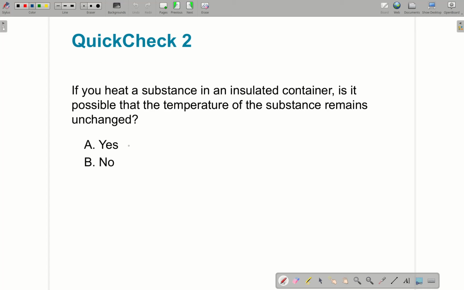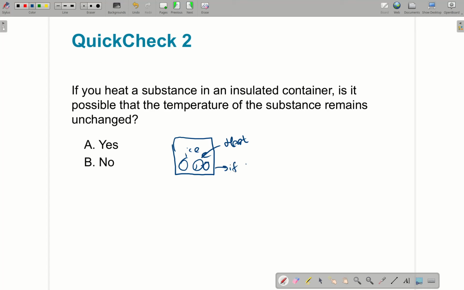Simple idea here, just to settle that down. If you heat a substance in an insulated container, is it possible that the temperature of the substance remains the same? Yes. So I have an insulated container. Let's say I have ice. I'm heating it. Give some heat in.